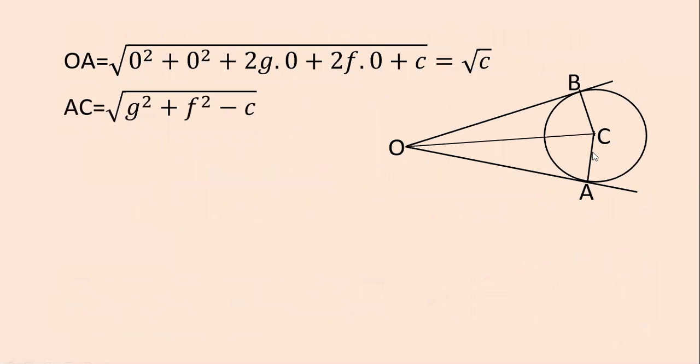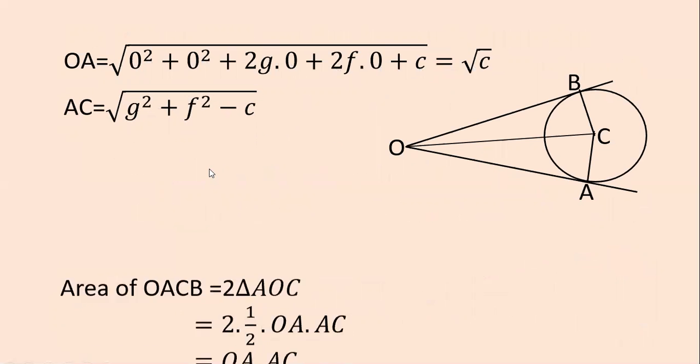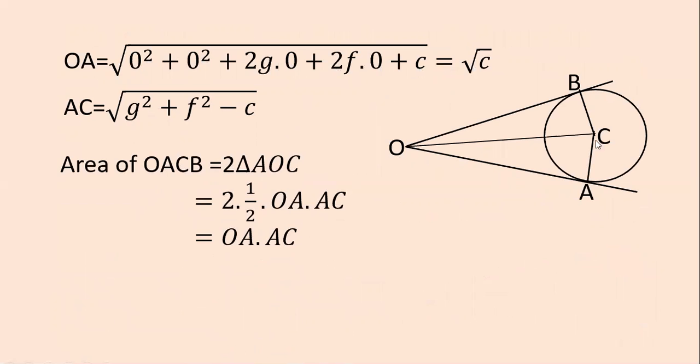And AC is the radius. Area of OACB is equal to 2 into AOC. As it is a right angle triangle, it is half into AO into AC. After simplification, we are left with OA and AC.